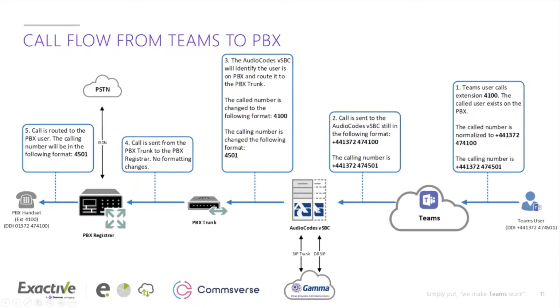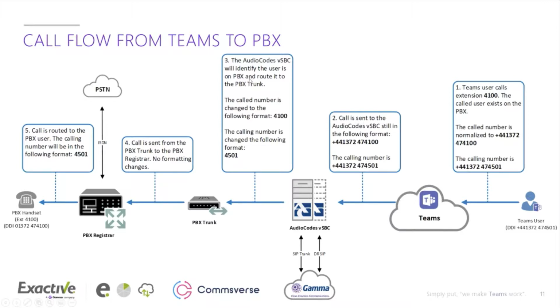So it's optional. So you may have a rule here that for direct routing, you want to use a new SIP trunk, but the rule says that this user is defined on the PBX, so don't send it out to the SIP trunk. So if you look at step number 3, the AudioCodes VSBC will identify the user as on the PBX and route it to the PBX trunk.